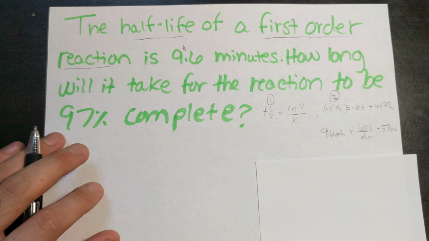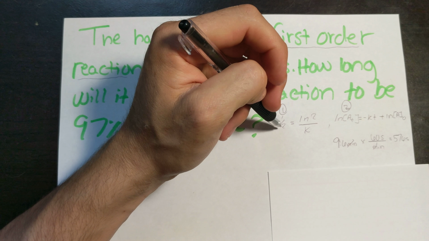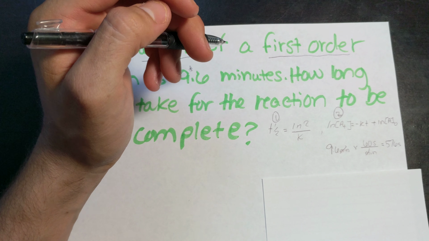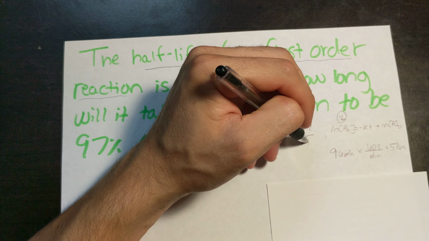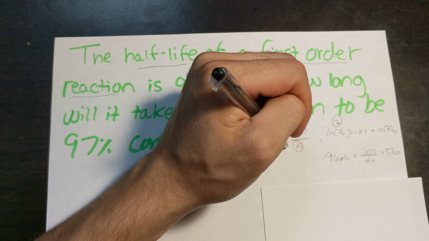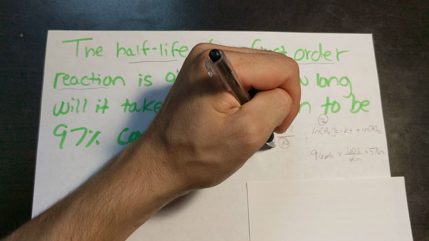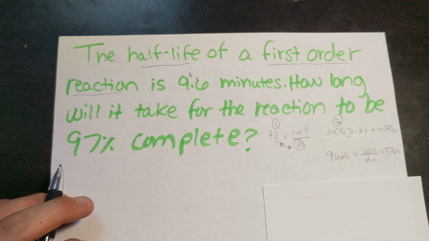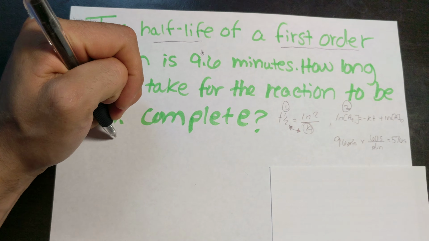Now what we're going to go ahead and do is use our half-life equation. So we're looking for K. We don't have our K constant. So one of the best things about this half-life equation is when you're looking for these, you're simply just going to swap them. So new formula will look something like this.